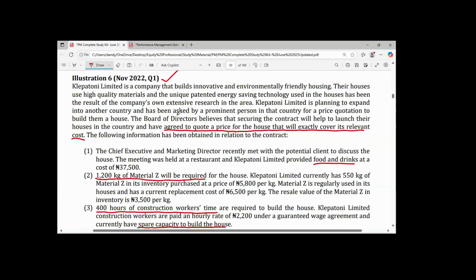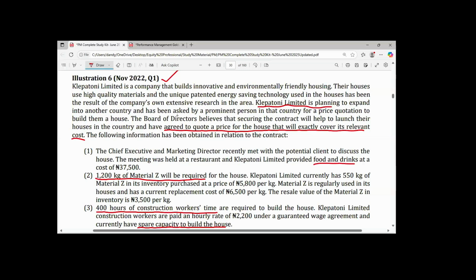One thing you need to understand from the first paragraph is what the examiner is trying to achieve. According to this question, we are told that Klepatoni Limited is planning to expand into another country and has been asked by a prominent person in that country for a price quotation to build them a house.